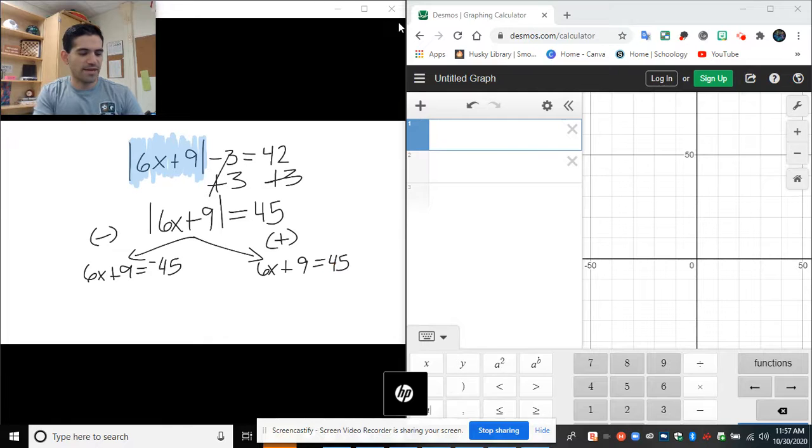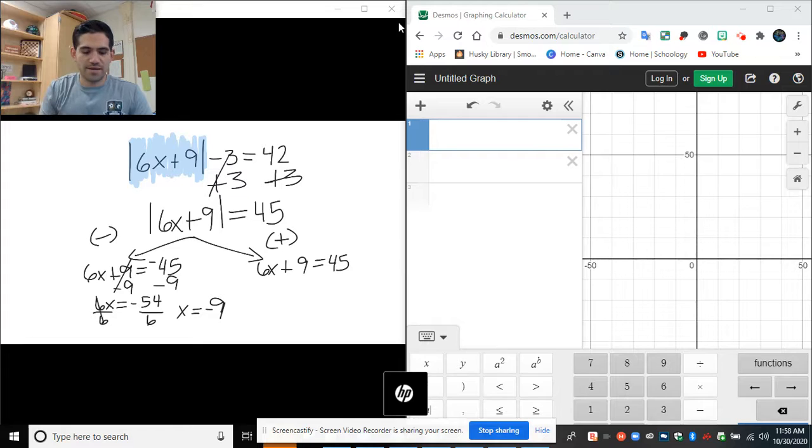So let's solve for x now. We can solve for x on the left, solve for x on the right, and we have our two solutions. On the left, we subtract 9 on both sides. 6x equals negative 54. We divide both sides by 6, and we're left with x equals negative 9.